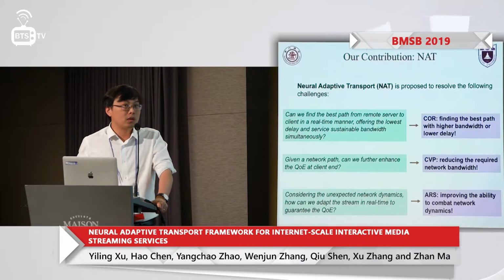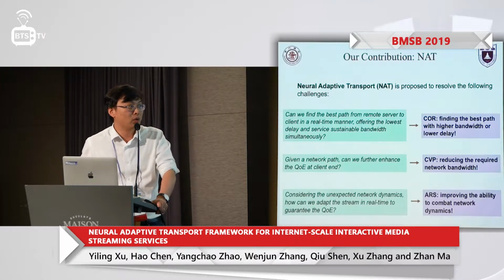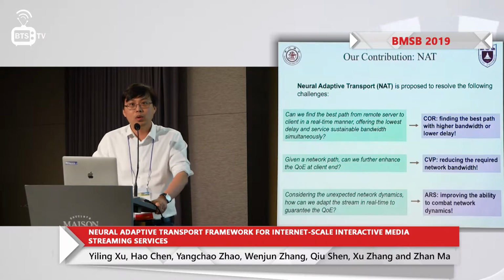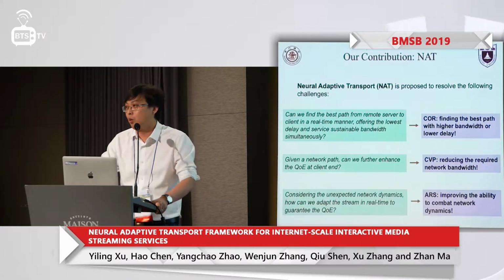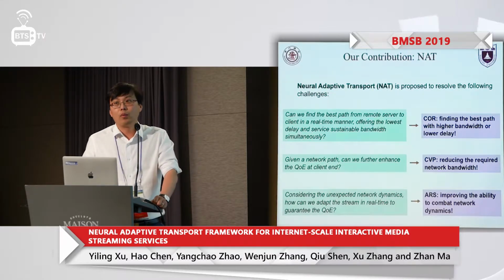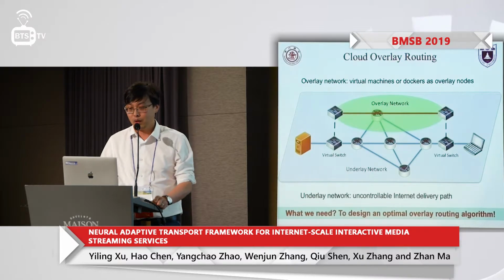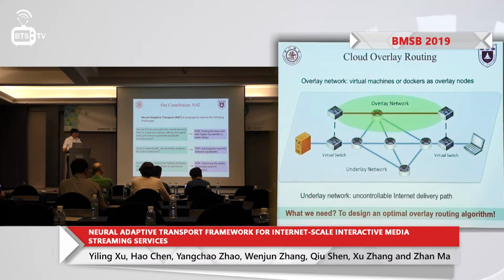And the third one, with respect to fluctuating networks, is adaptive real-time streaming, which is based on reinforcement learning, using past decisions to predict the future and improve the ability to combat network dynamics. For these three aspects, we will introduce them one by one.